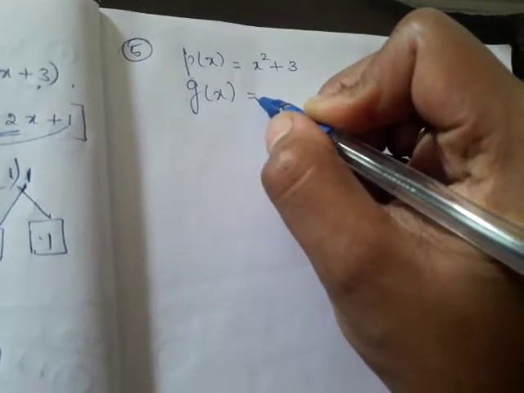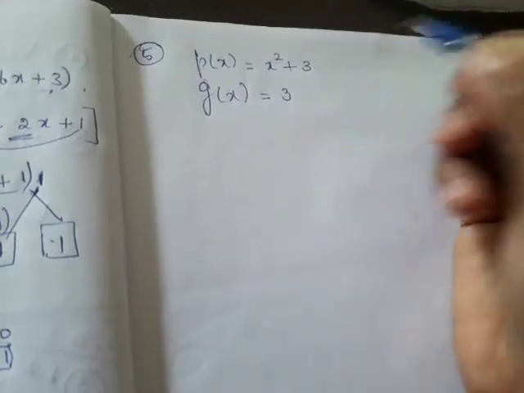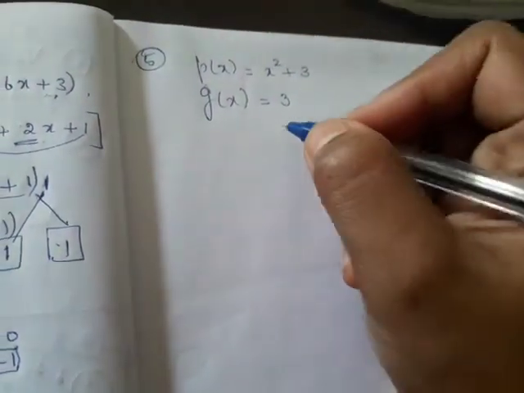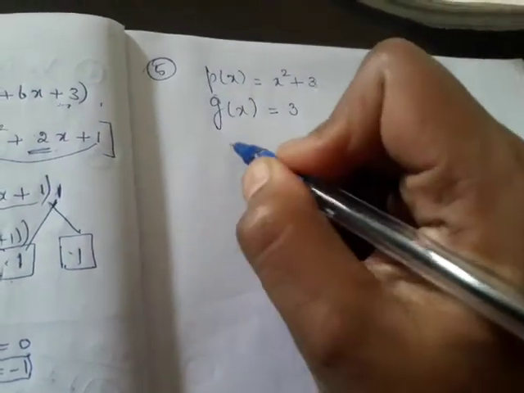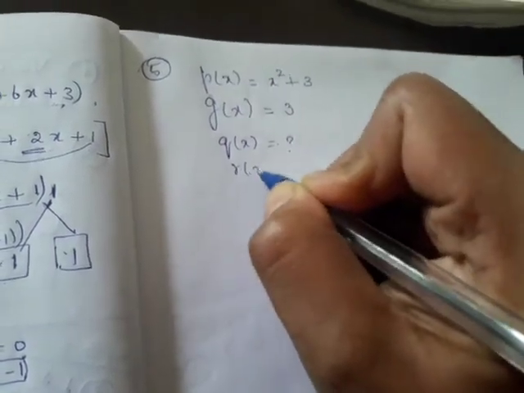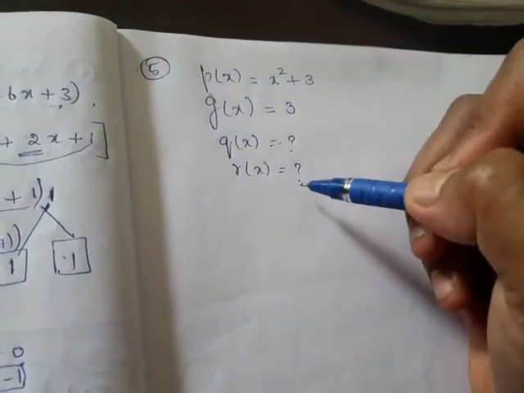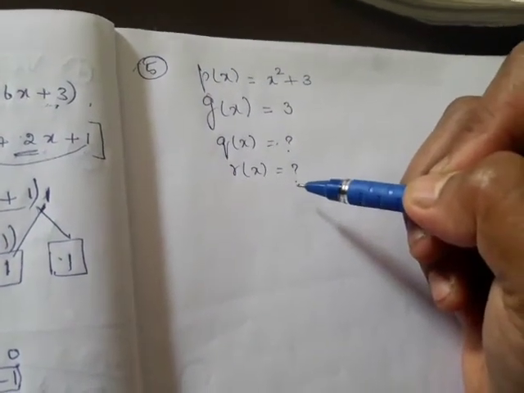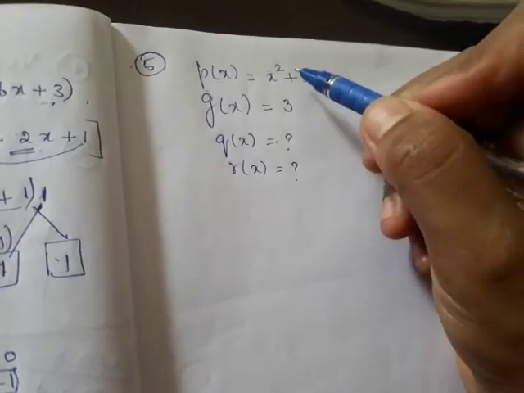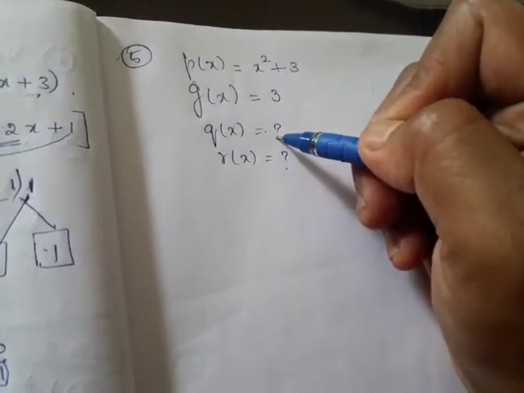What is meant by constant polynomial? Which doesn't have any variable, say some 3. Then you find what is your q of x and r of x. Then obviously you check whether the division algorithm is satisfied, and you check whether the degree of p of x is same as the degree of q of x, right?